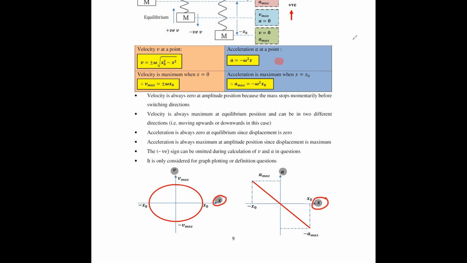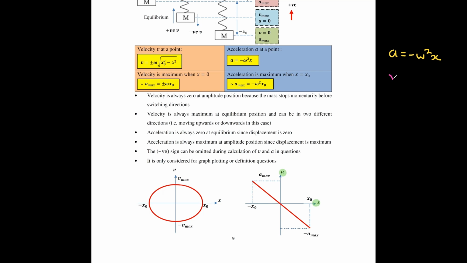So how do you draw the graph for acceleration against displacement? This one is pretty straightforward. Just now, you already learned that a is negative omega squared x, isn't it?